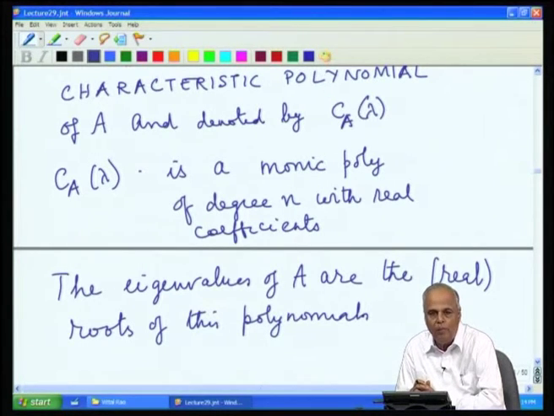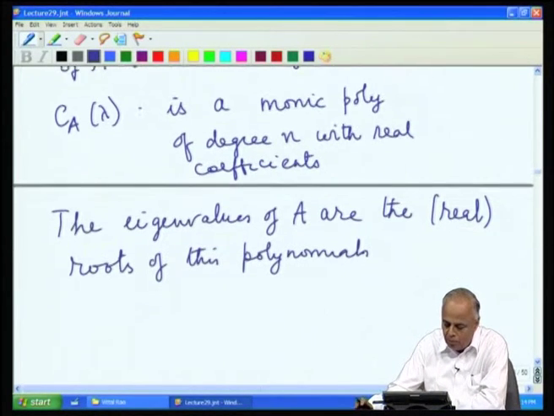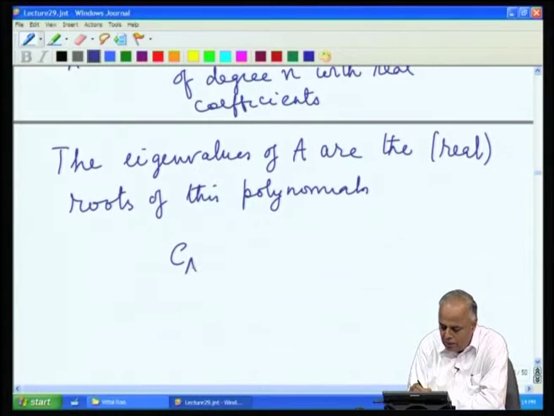So, when we are working on the diagonalization problem with the real numbers, we are looking at the real roots of this polynomial. We are trying to solve this equation and find its solutions.